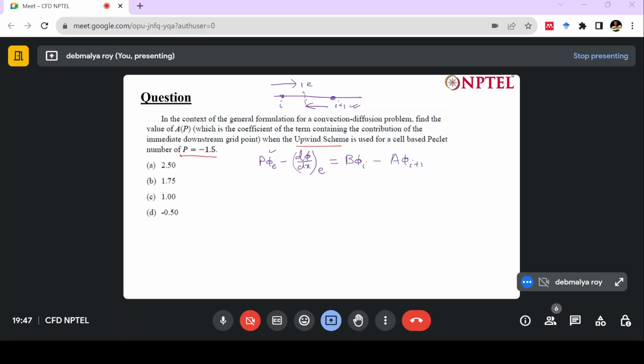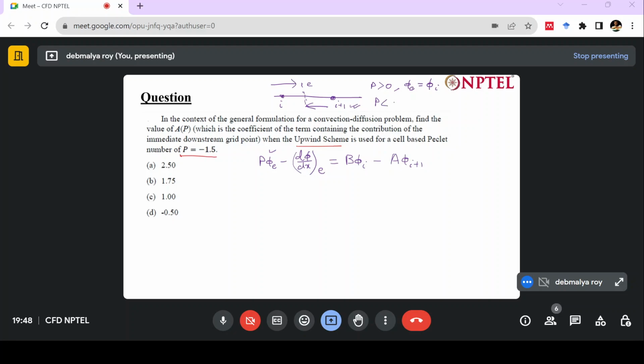So if the flow is from I to I plus 1, which is when P is positive, then the flow direction is this, and we will have phi E equal to phi I.